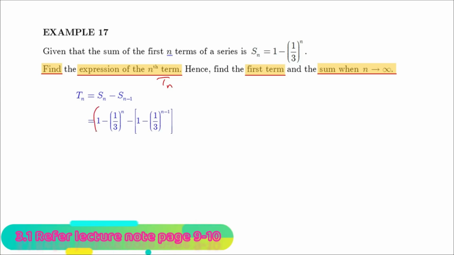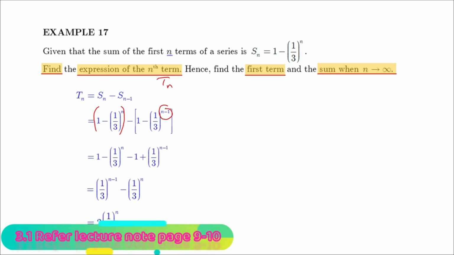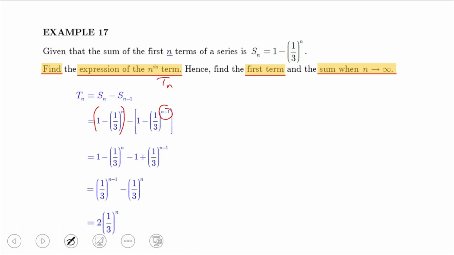So here is our Sn, and we have to subtract our Sn minus 1. As you can see here, our n previously is substituted by n minus 1. Then we have to simplify the right-hand side of our Tn and simplify it some more to get Tn in a simplified form, which is 2 times 1 over 3 to the power n.